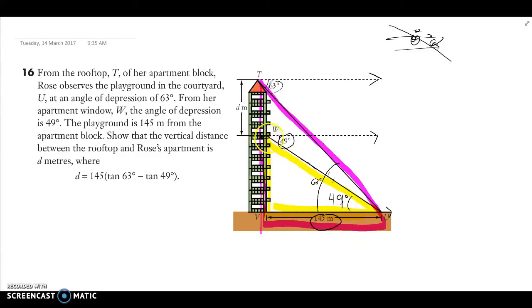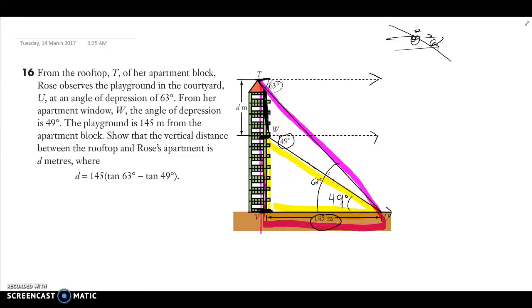I'm going to get the height from here to there using the 49 degrees and the 145 side there on the bottom. And then for the purple one, I'll get the distance from here to there using the 63 degree angle, and then I'll be able to subtract them to get that distance there.